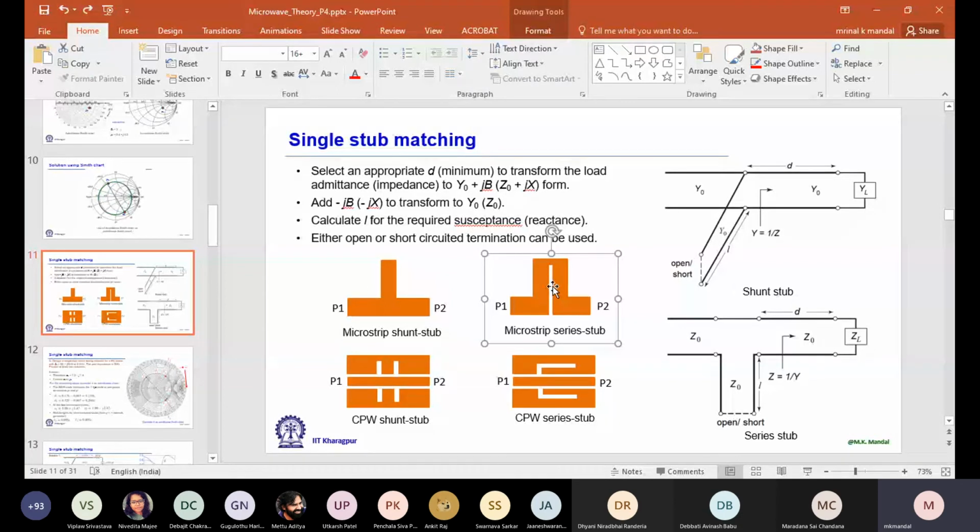In most cases we may have to use a simulator to obtain the proper values, that means the width, gap, and the length. That's why we try to avoid series stub in microstrip line configuration. Anyway, let us use the same concept again and solve a problem.